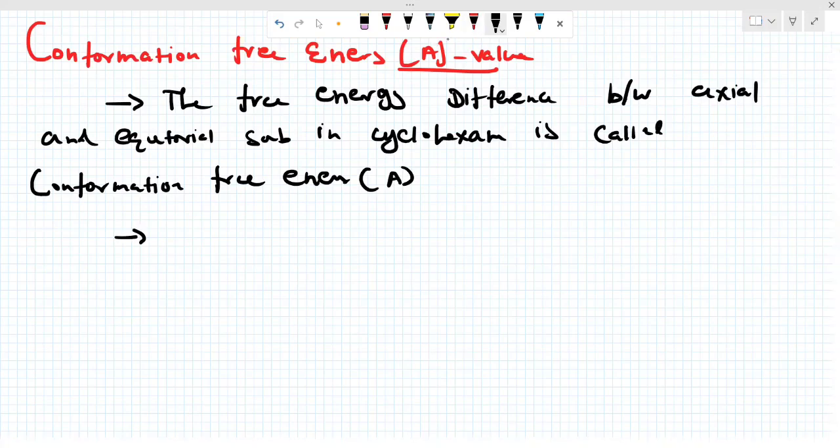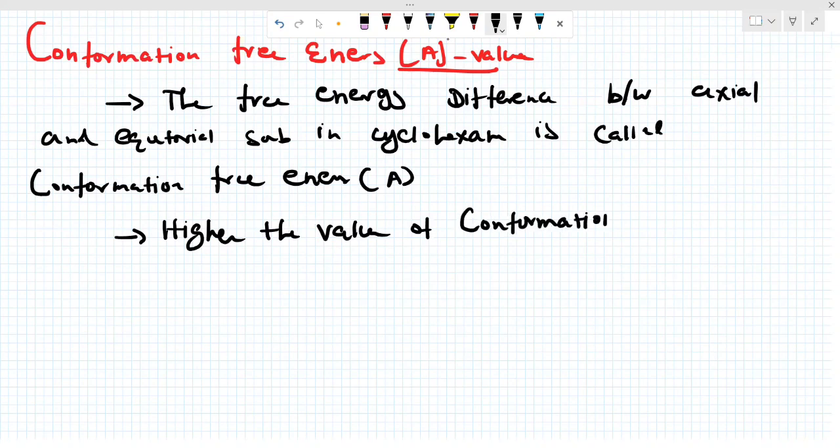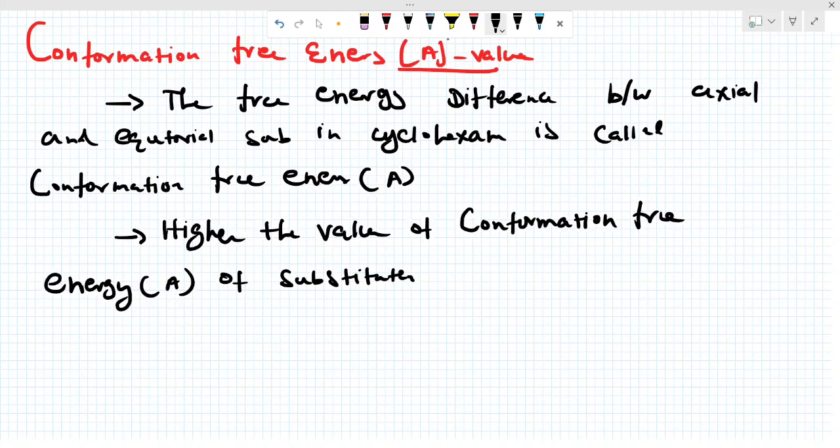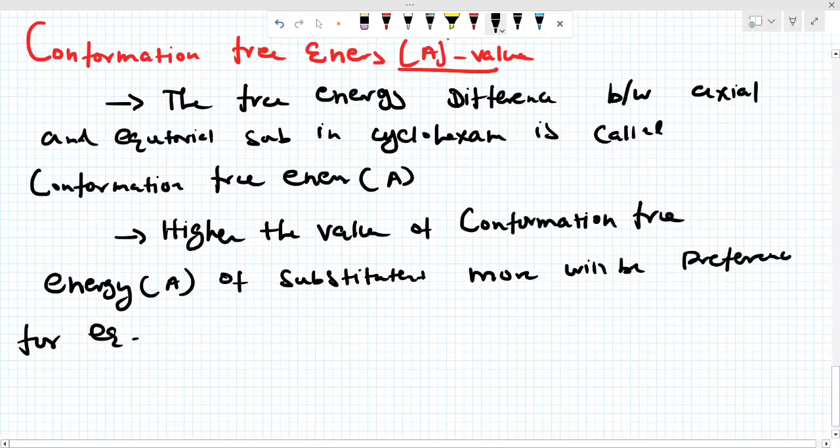Very important: the higher the value of the conformational free energy of the substituent, the more will be the preference for the equatorial position.